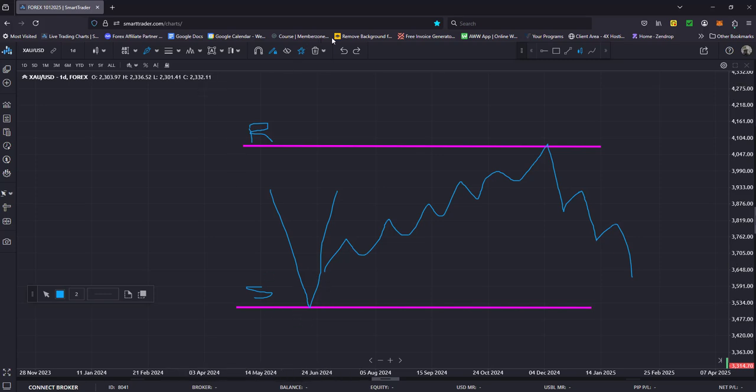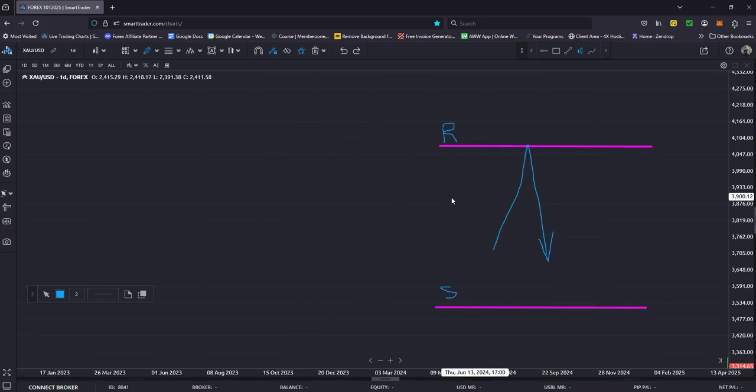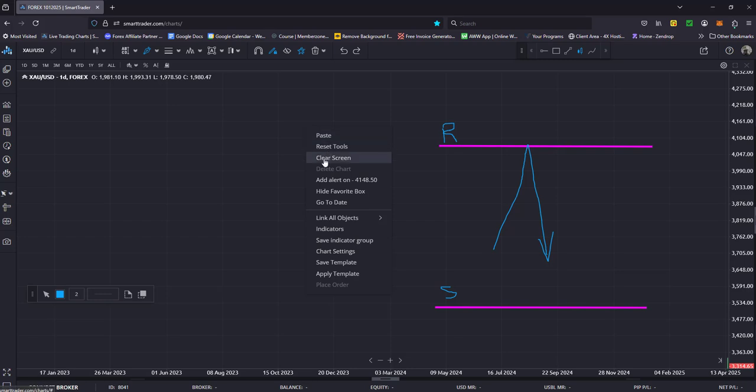If we took the same ball and we threw the ball in the air, the ball will go all the way up to the ceiling and then bounce off of the ceiling and come back down. And that's resistance.